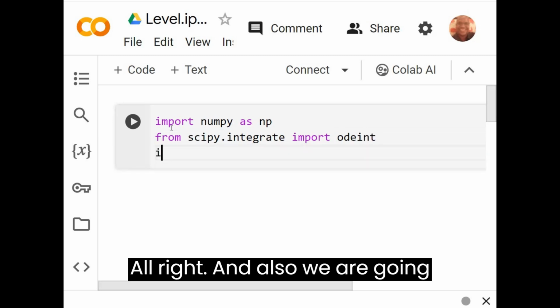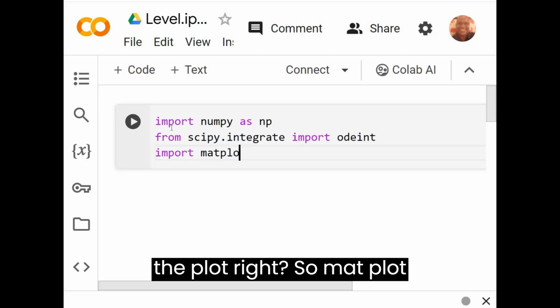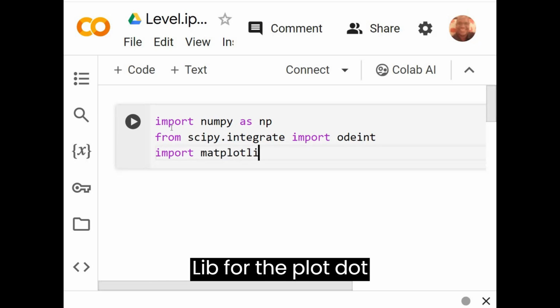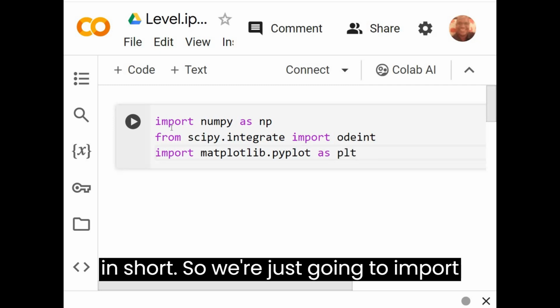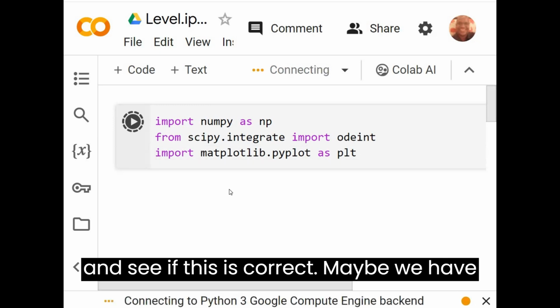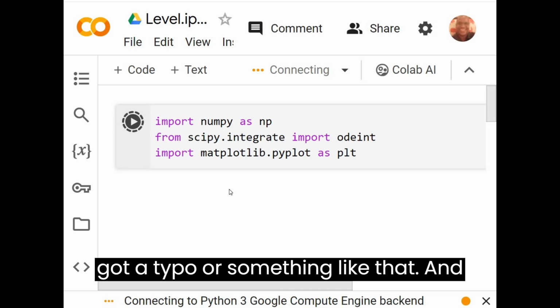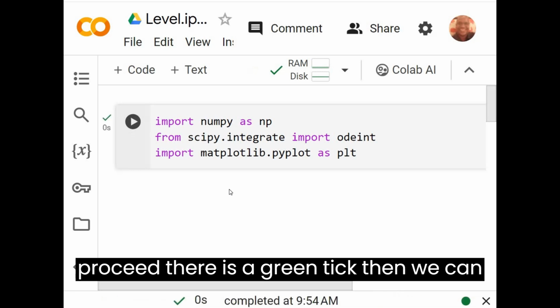And also we are going to import matplotlib.pyplot, which is called plt in short. So we are just going to import these three, and then we run this and see if this is correct. Maybe we have got a typo or something like that. If there is a green tick, then we can proceed.